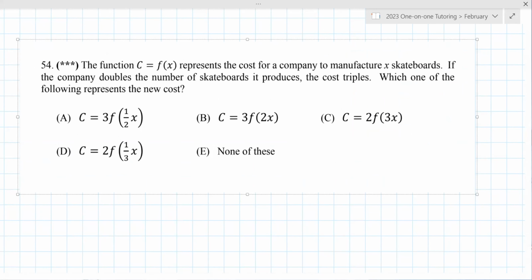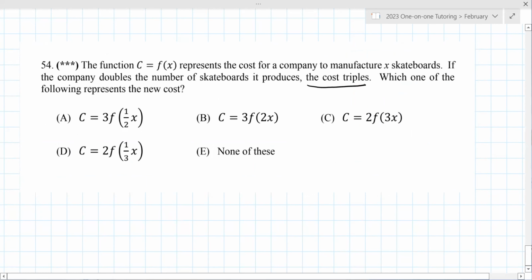The one that affects the Y is fairly intuitive. The cost triples, that's the Y. So that's going to go outside F of X. So C equals 3 F of X. That means it triples. Is that okay? Yeah.